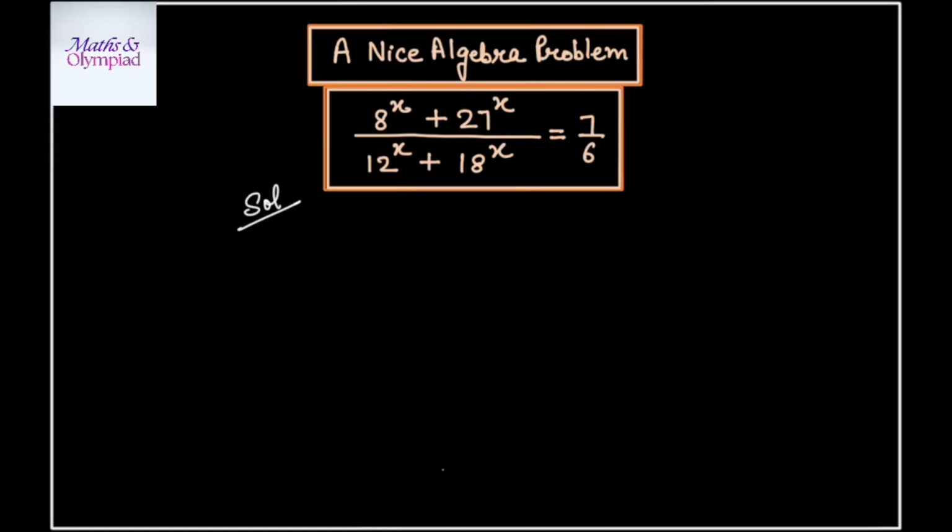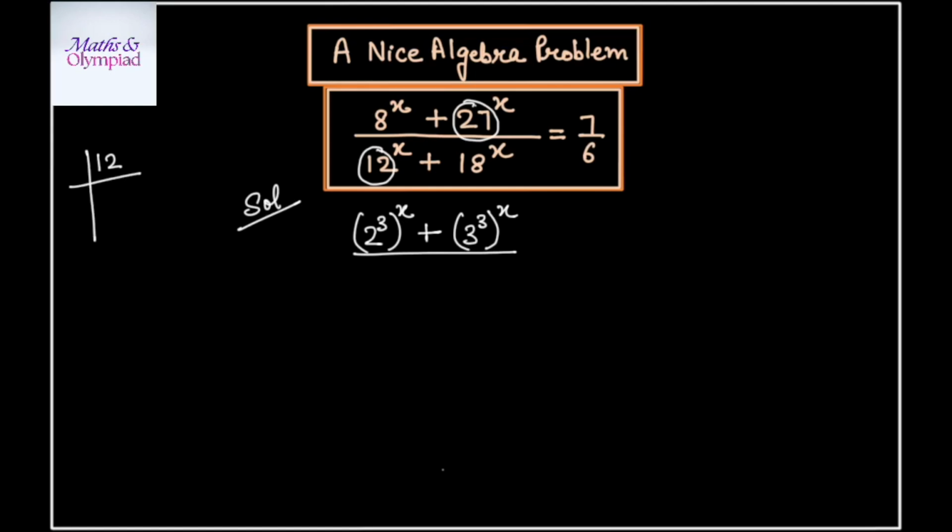Now we can express 8 as (2^3)^x plus 27, we can write it as (3^3)^x over, we can find out the factors of 12. Similarly 18.